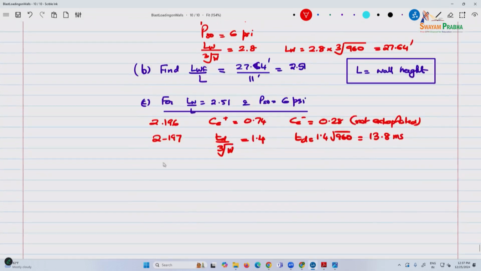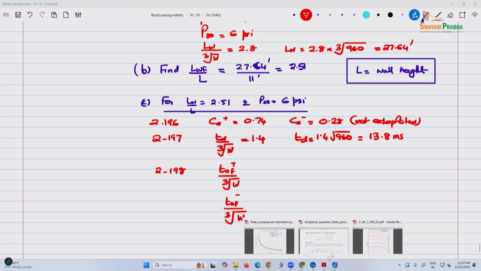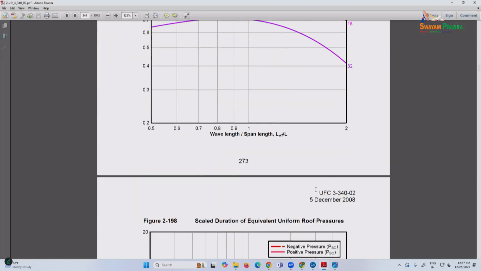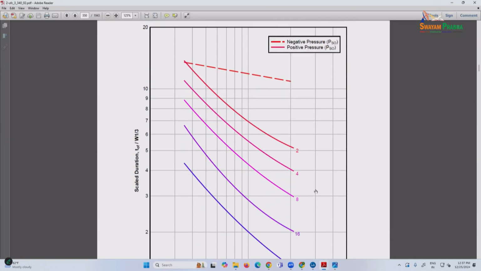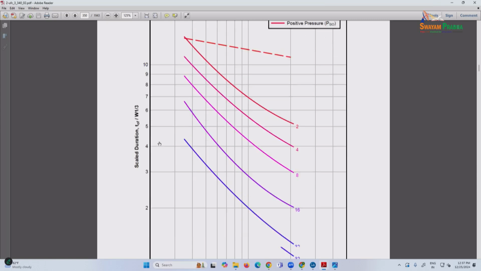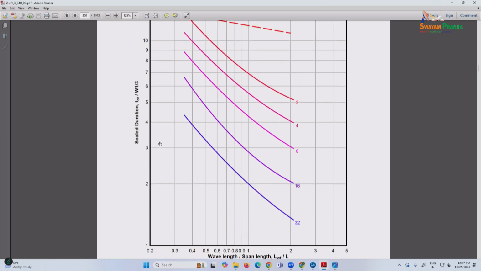Then go to 2-198, TOF positive by cube root of W, TOF negative divided by cube root of W. So negative pressures and positive pressures you can calculate from here. So this is 2.51, again it is beyond.